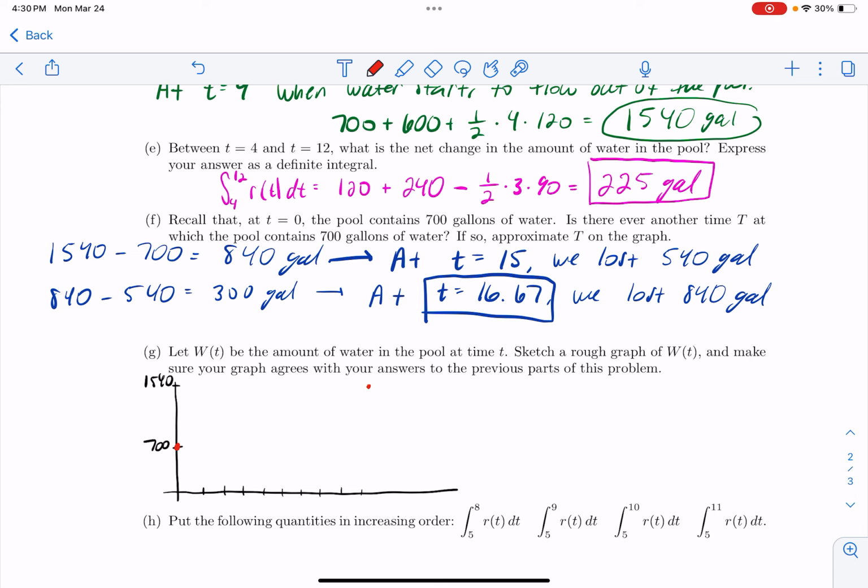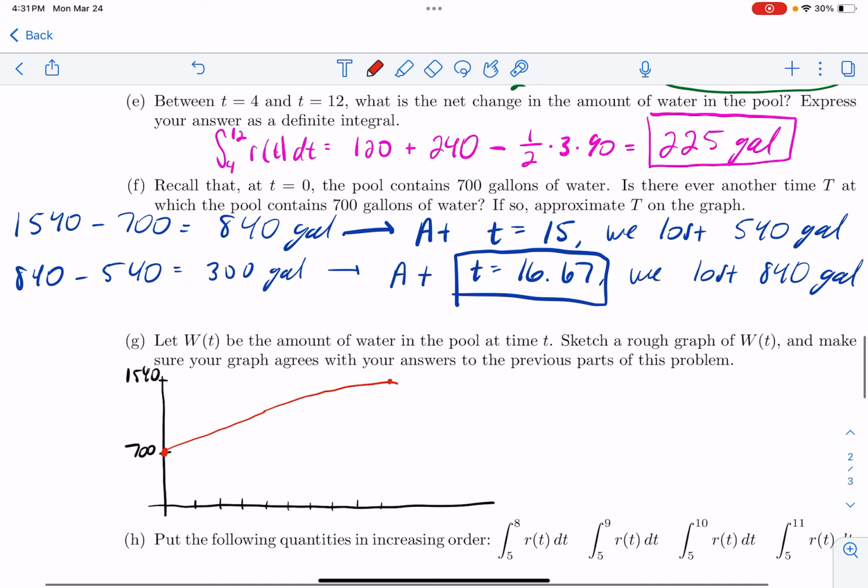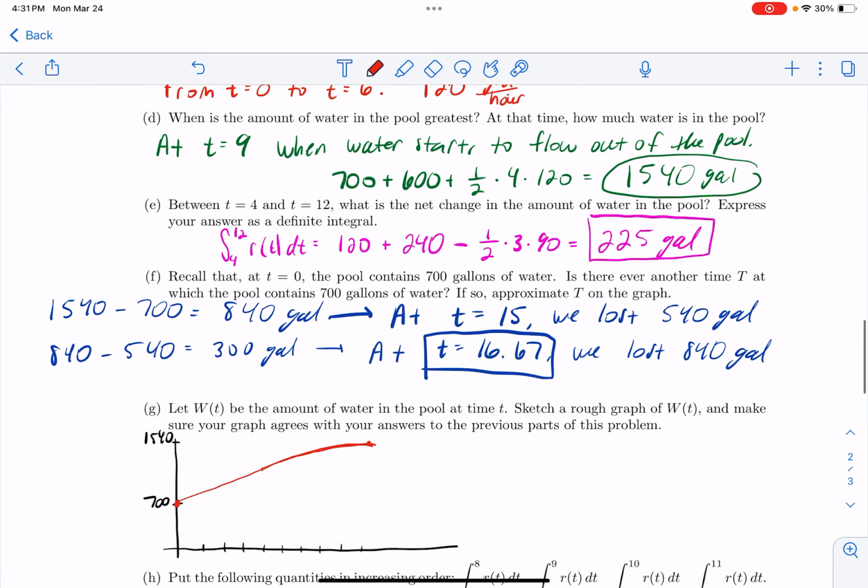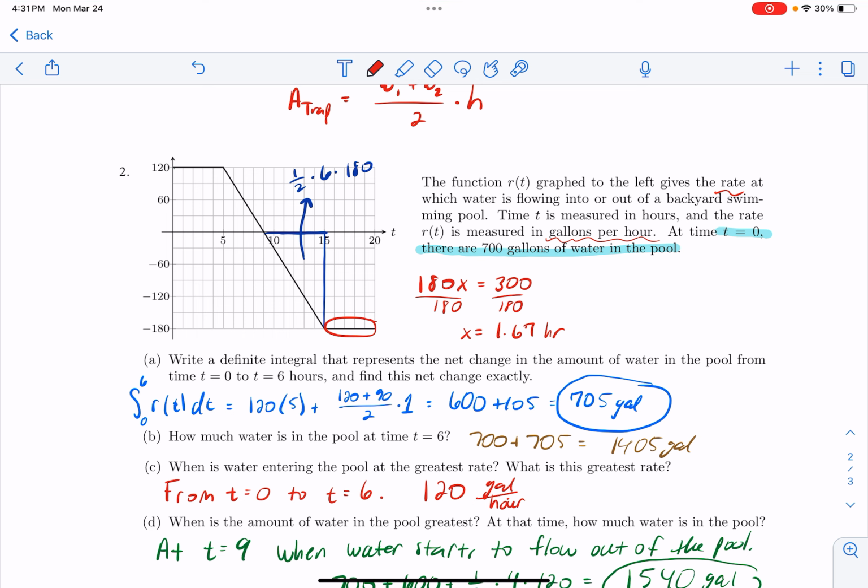So from 0 to 5, it's a straight line. And then right around 5, this switches to concave down. I know that doesn't look super concave down, but this section in here should be somewhat concave down. And then it continues to be concave down until 15.